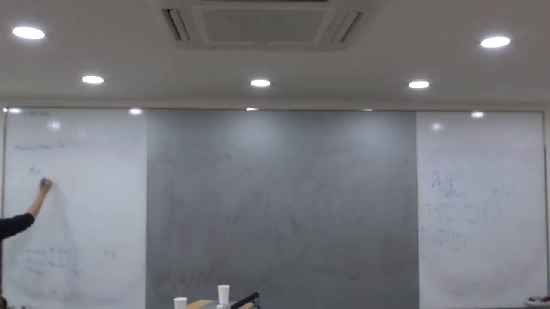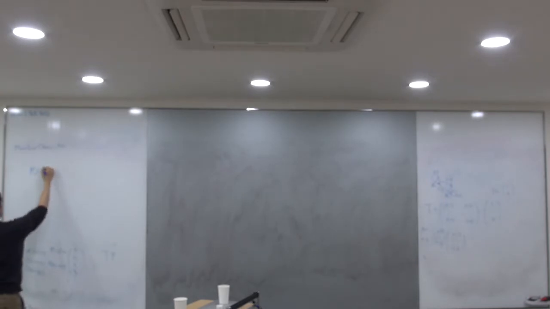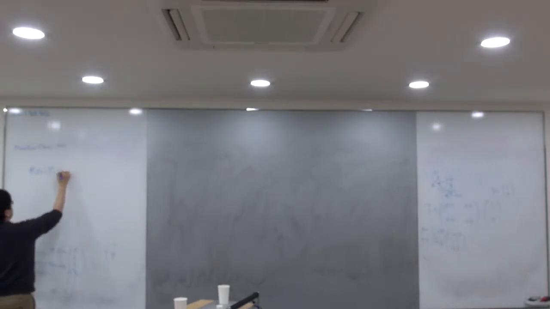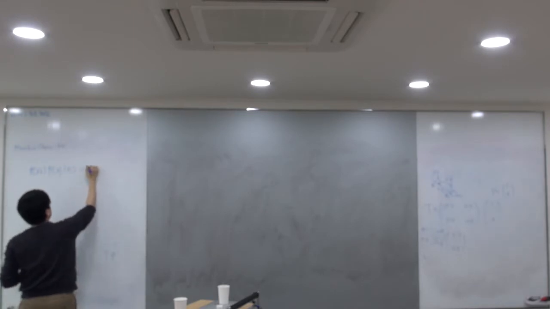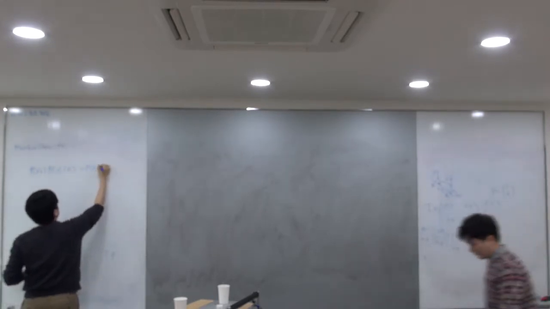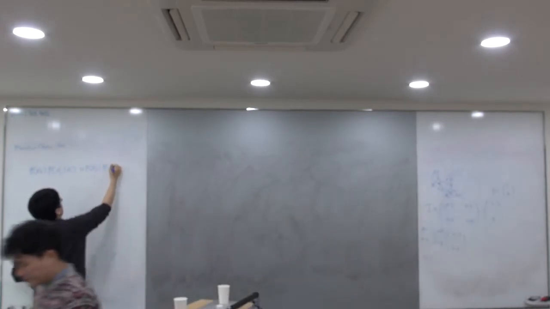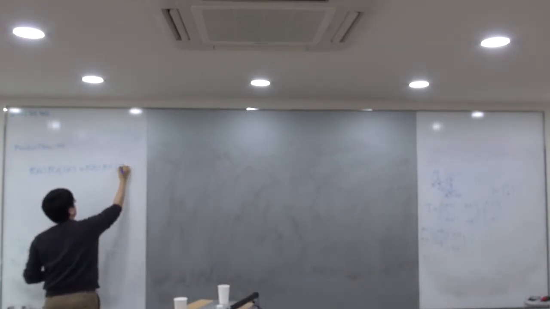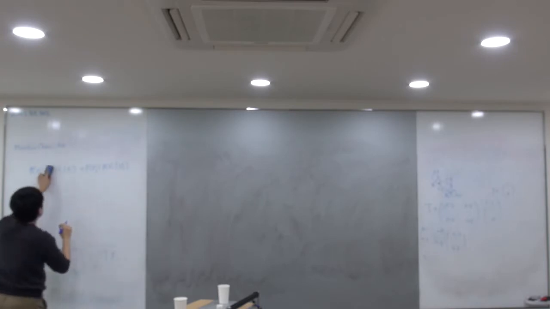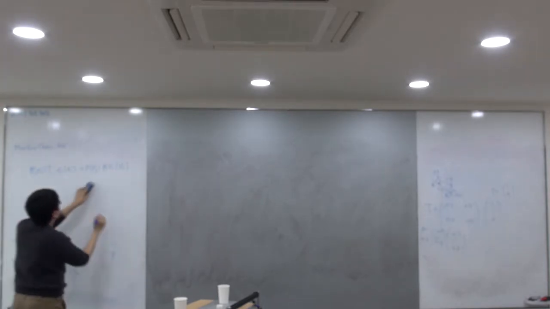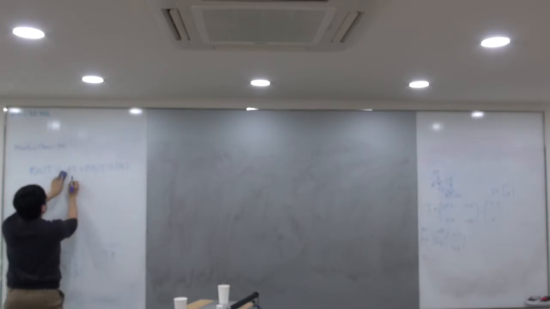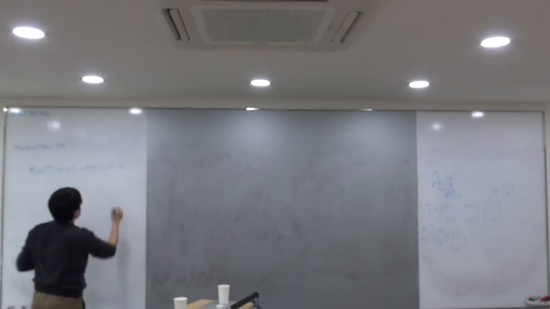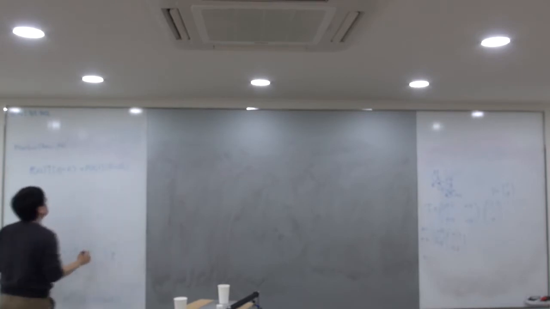P of xi times P of xj given xi has to be the same as P of xj times P of xi given xj. This is the transition. It's actually a probability, but the convention is this.